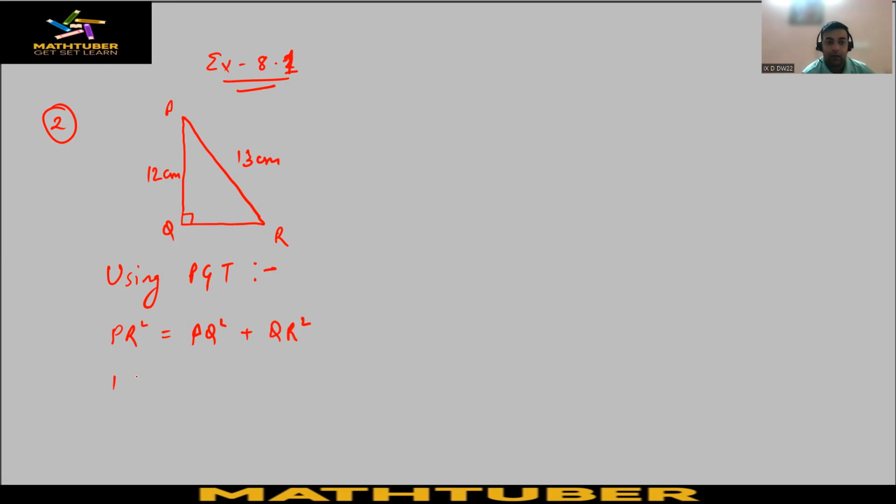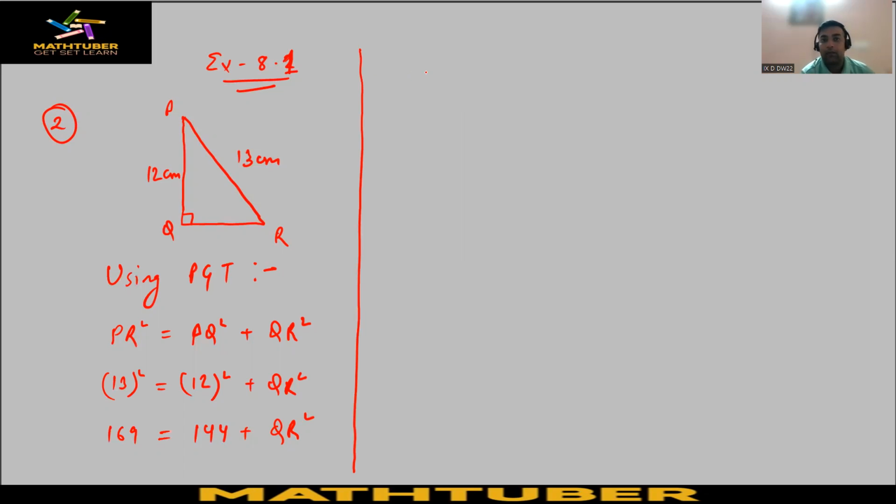So 13 square is equal to 12 square plus QR square. 169 is equal to 144 plus QR square, and QR square will be equal to 169 minus 144, which is equal to 25. So QR will be equal to under root 25, which is equal to 5 centimeters.